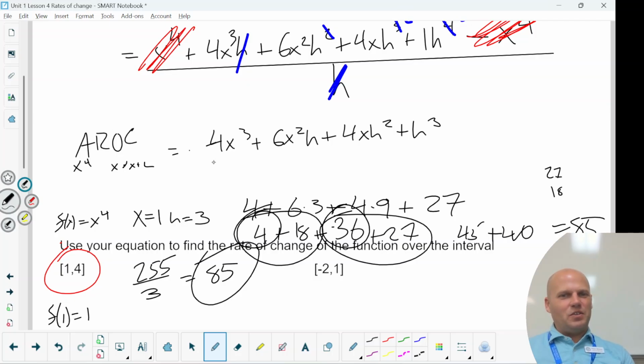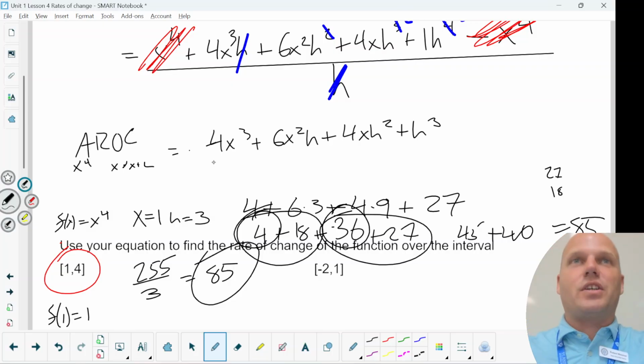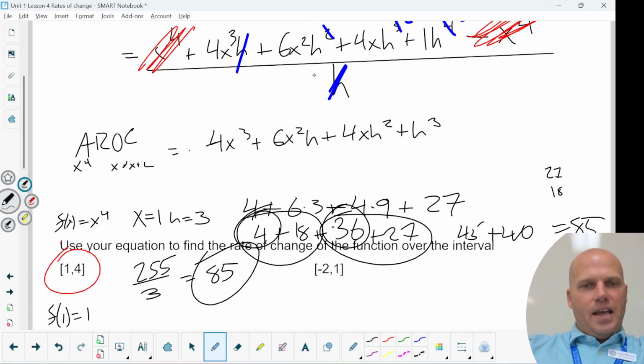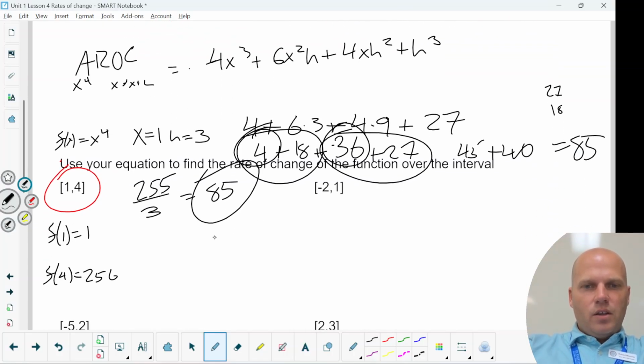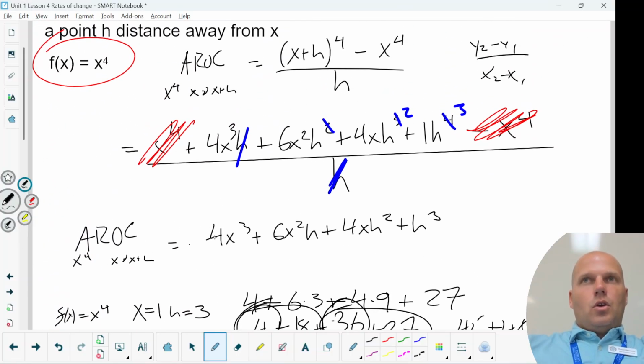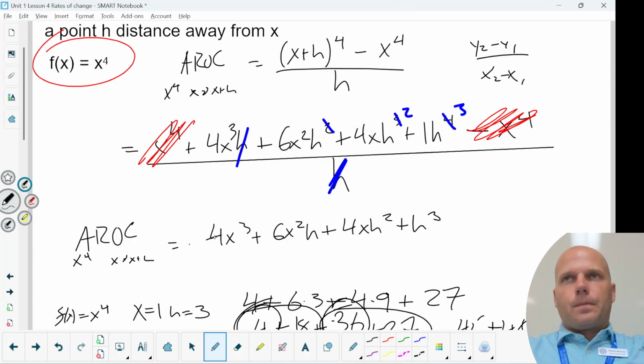Notice the formula, though, is starting to get a little bit more complicated. It's not as easy as 2x plus h, right? But it can be used, and we can use it for these intervals as well, which is cool. And you're going to do it on your homework just for fun.